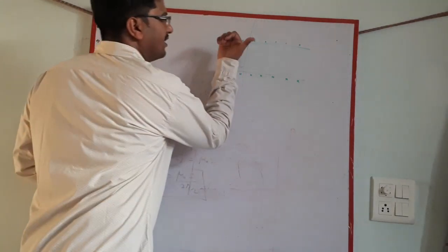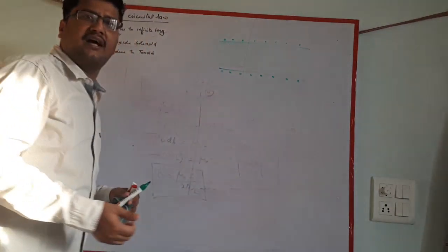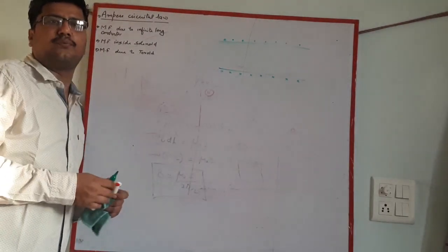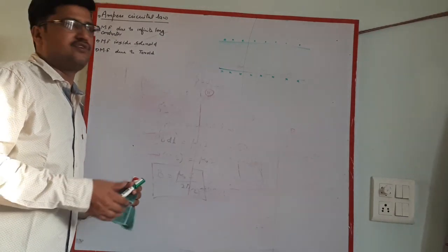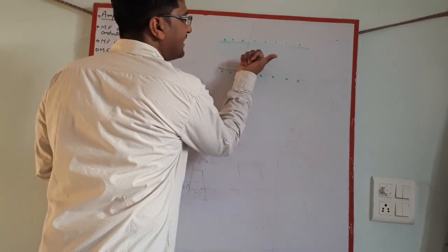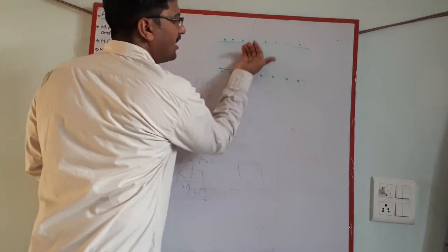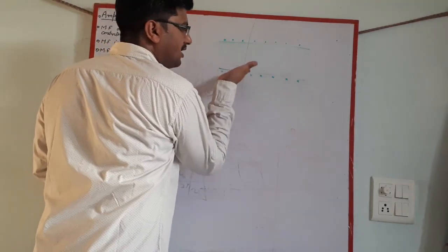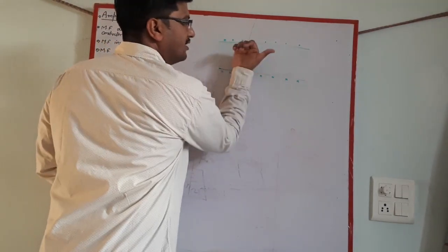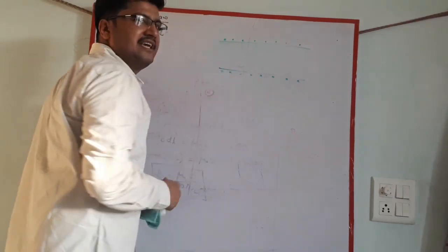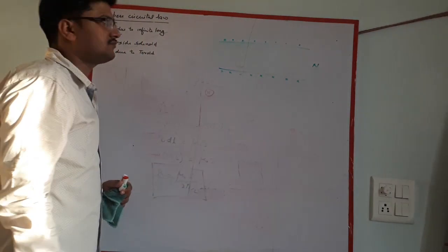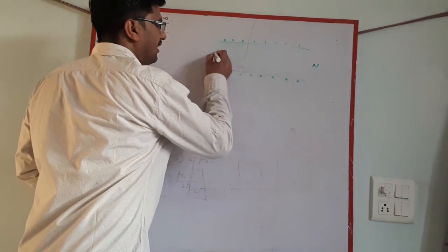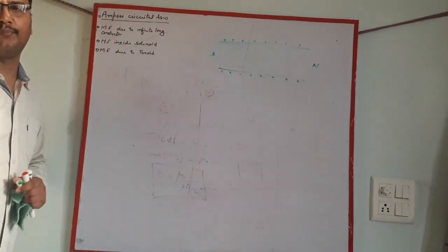So the direction of the north pole and south pole of the solenoid can be given by the right hand rule also. If the curve of your fingers represents the direction of the current, from here to inward, to outward, then the thumb gives the direction of the north polarity, and the other side is the south polarity.